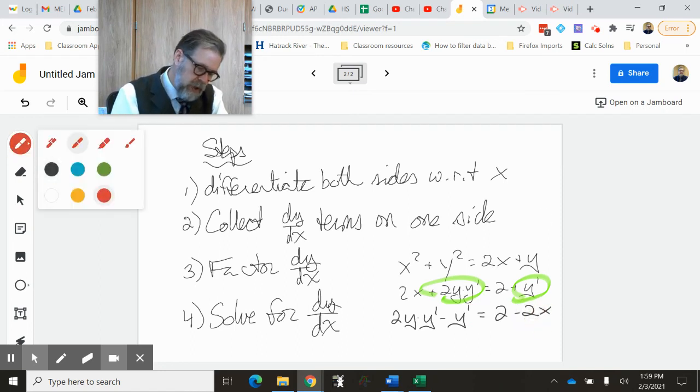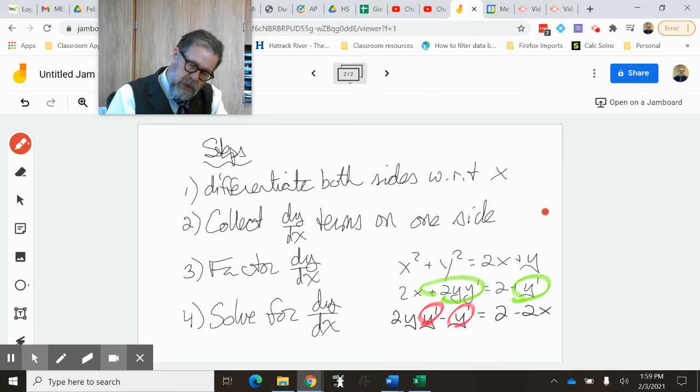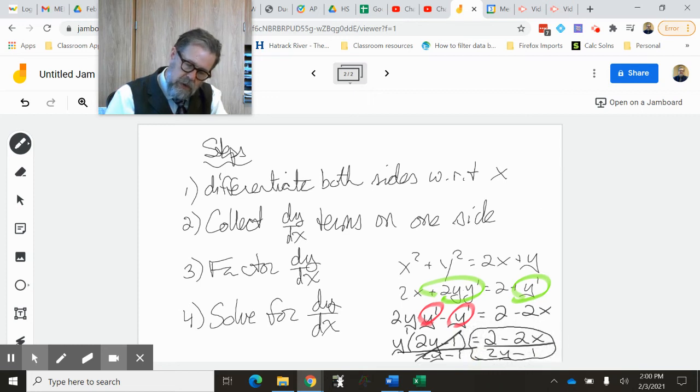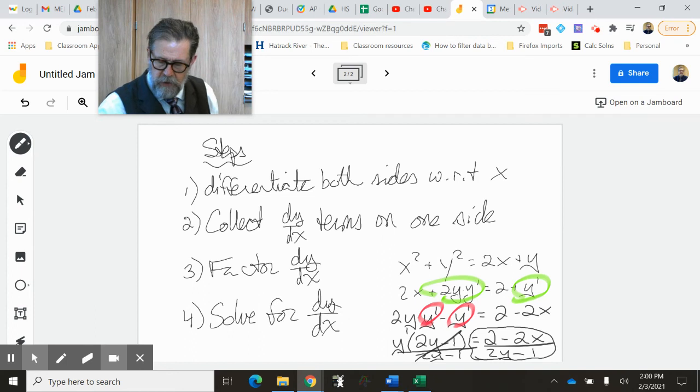Factoring out the y primes, we get that y prime times 2y minus 1 equals 2 minus 2x. And I've run out of room here, but clearly, hopefully, you can see that I would divide both sides by 2y minus 1, and the derivative of y with respect to x is 2 minus 2x over 2y minus 1.